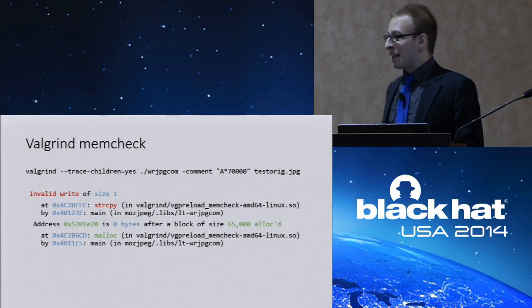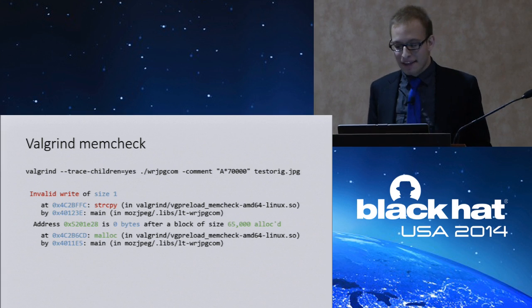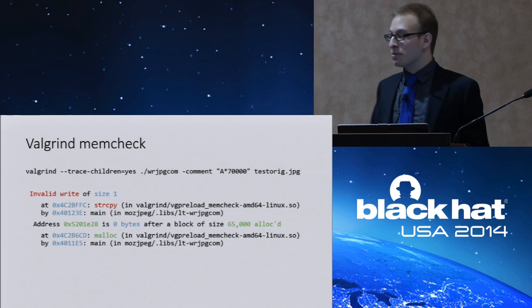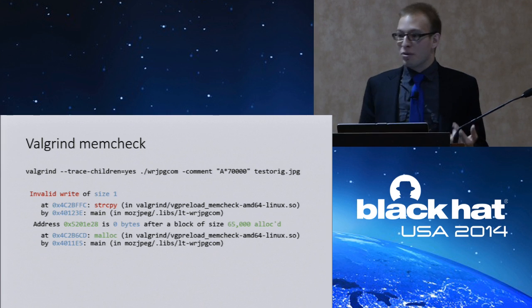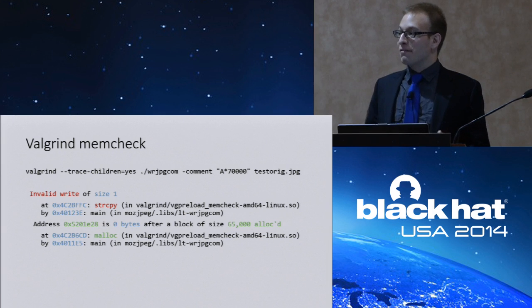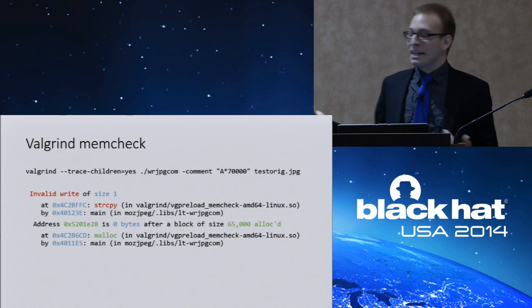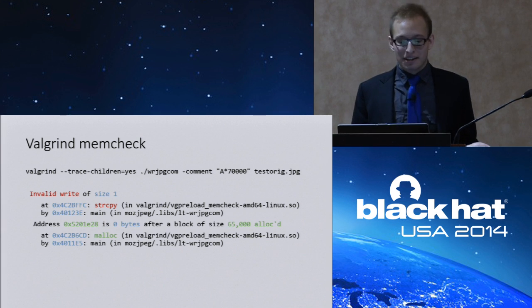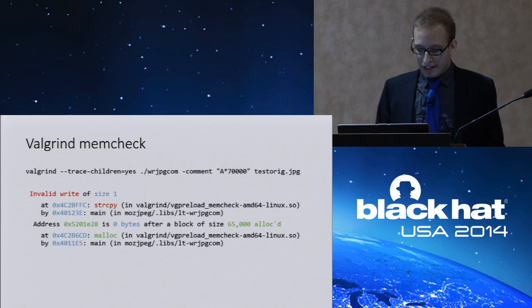So it knows that the malloc was called with the argument 65,000, and it knows that strcpy is writing byte by byte into that buffer, and when it reaches the 65,001st character, it immediately tells us we wrote past the end of this buffer. So that's super neat.